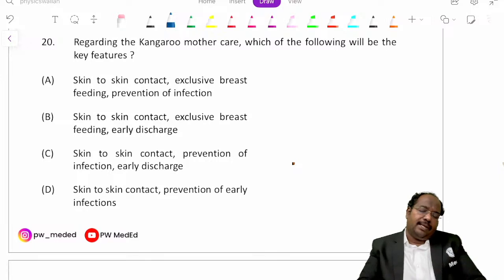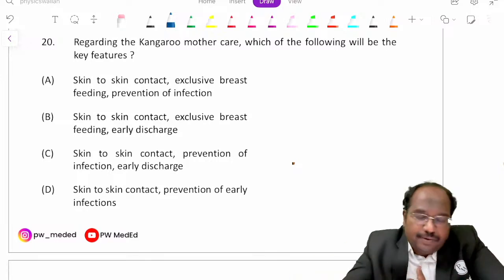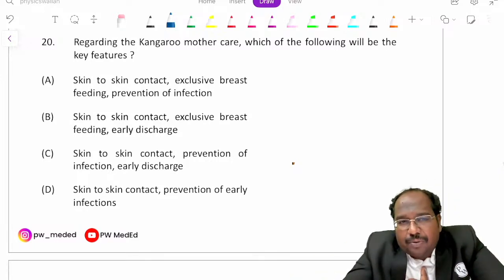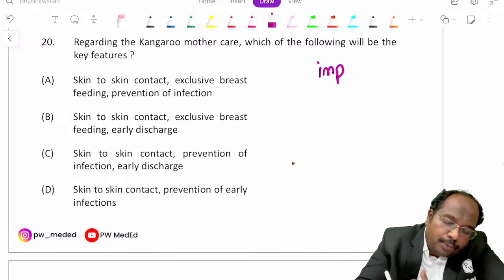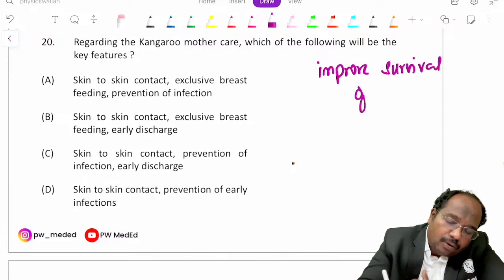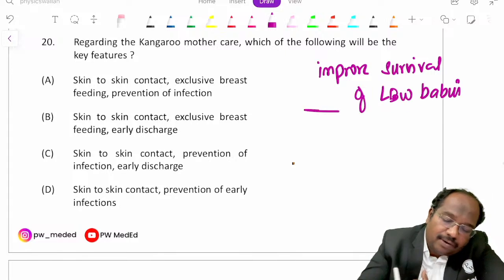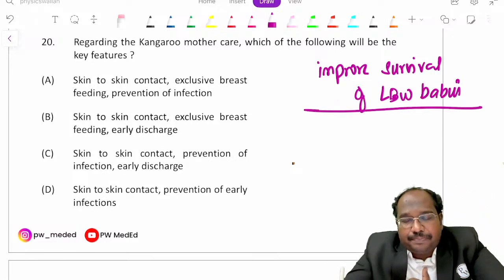Regarding Kangaroo mother care, which of the following will be the features? This Kangaroo mother care concept was done to improve the survival of low birth weight babies.